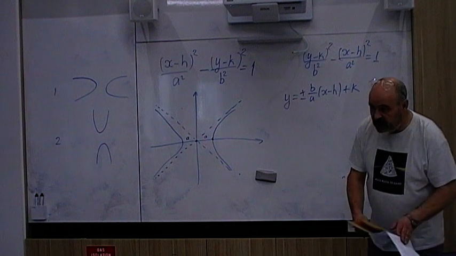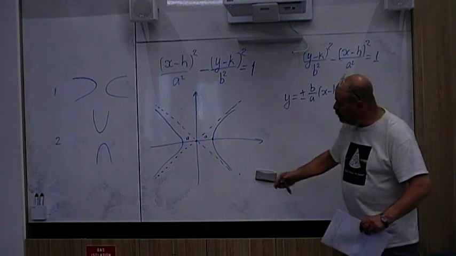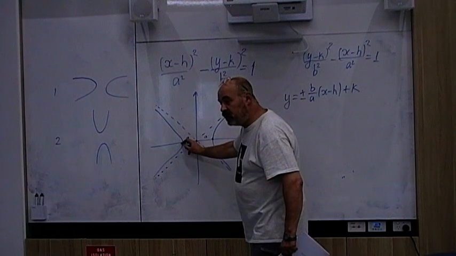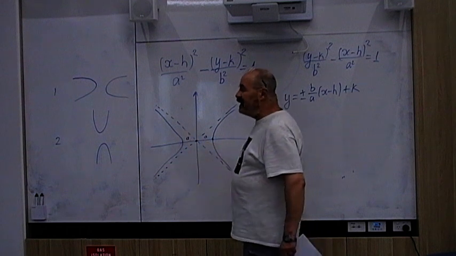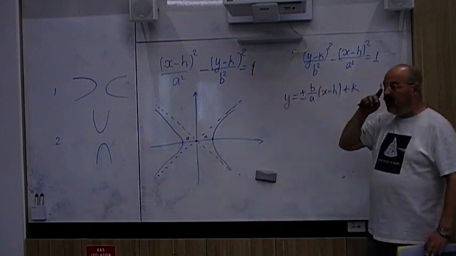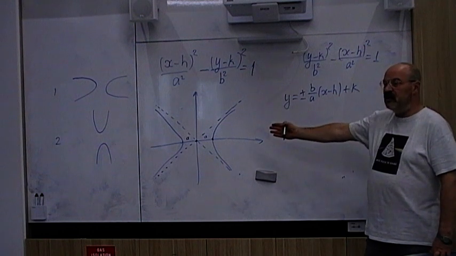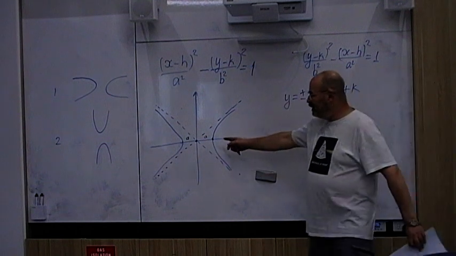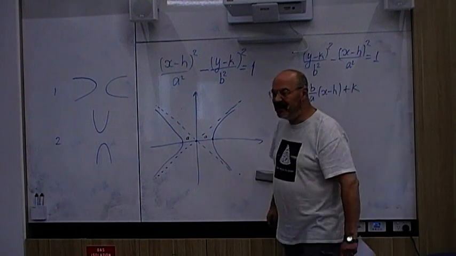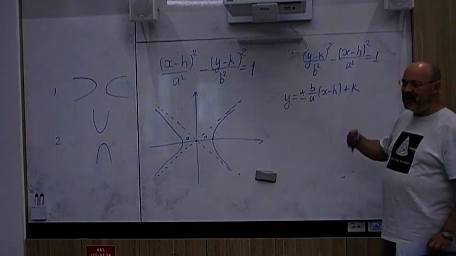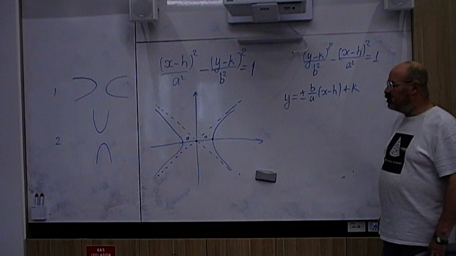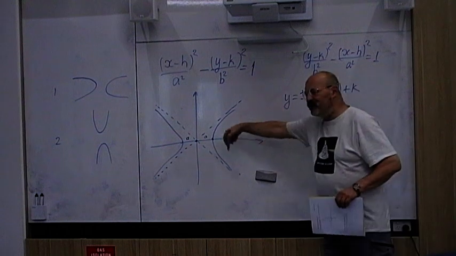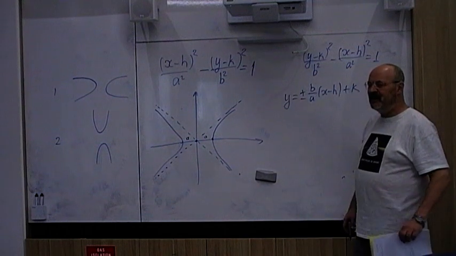So a is the distance from the center to the vertex, or turning point. It's not a turning point in terms of the derivative equaling 0, because in this case the derivative at this point is undefined, a vertical tangent. So it's not a turning point in terms of the derivative, but the hyperbola turns around.